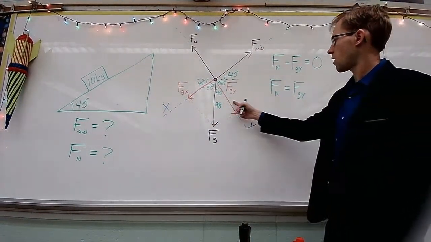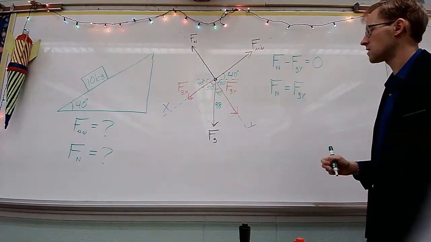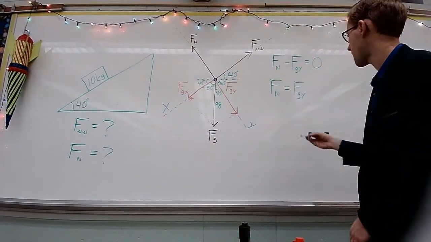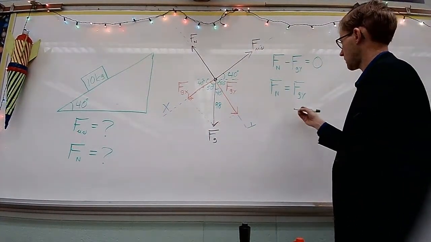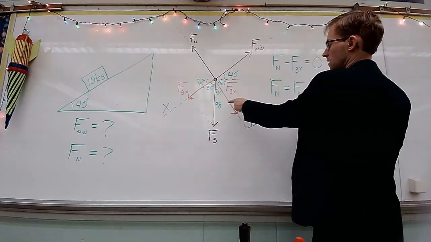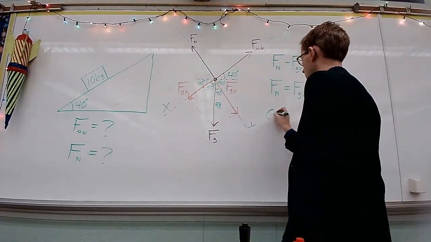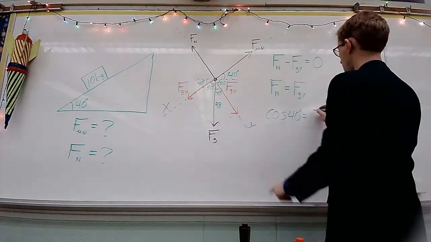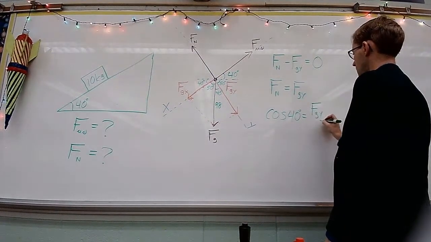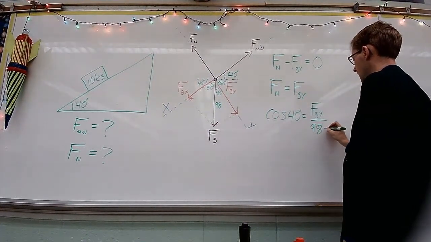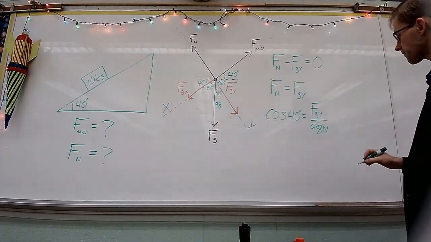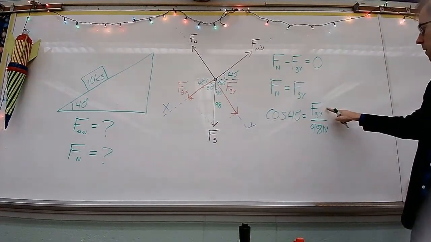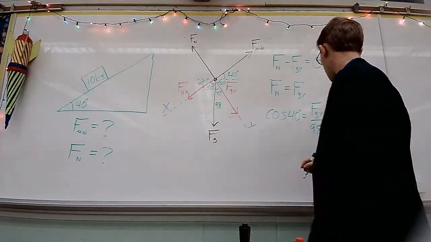If I want to figure out the adjacent side, that means I've got to use cosine, because cosine of an angle is equal to adjacent over hypotenuse. So let's see where that takes us. Cosine of 40 degrees is equal to adjacent, which is FGY, over hypotenuse. And my hypotenuse is 98 newtons. So if I want to solve for force of gravity in the y direction, I have to multiply both sides by 98.